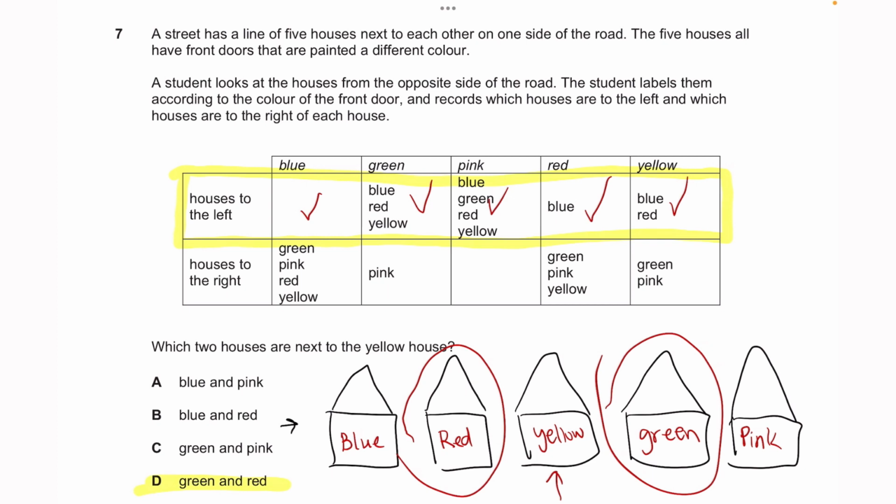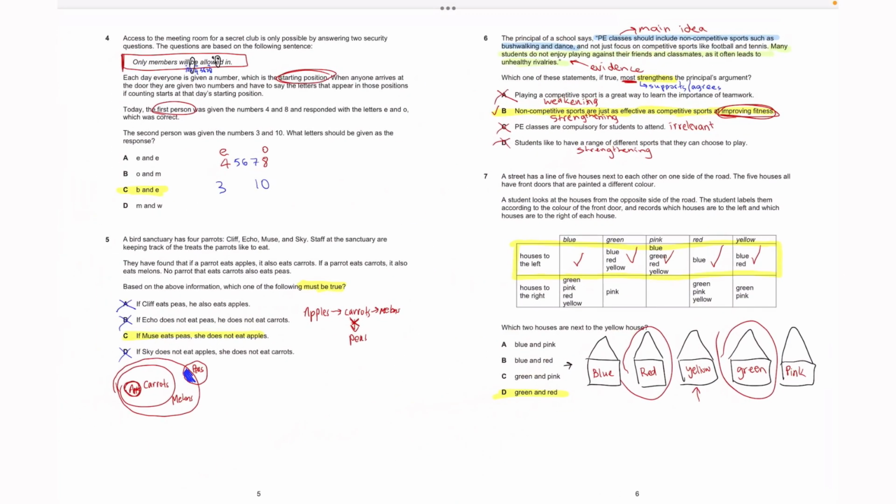So 2022 question 7 also includes a table which has not been seen in previous questions written by students. And so at first when you look at it, it's quite confusing, because you're like, what does it mean by houses to the left and houses to the right? But once you understand that, it becomes a lot easier, but it does require a lot of deducing to get to that point. Alright, let's have a look at the next page.